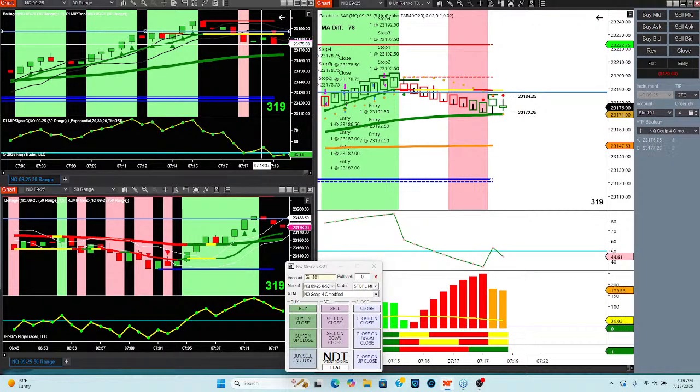Okay, not much going on. We got to figure out if this is going to break. Now the C signal looks like it's trying to punch through again. Again, not a valid auto trade if that's how you have it set up.